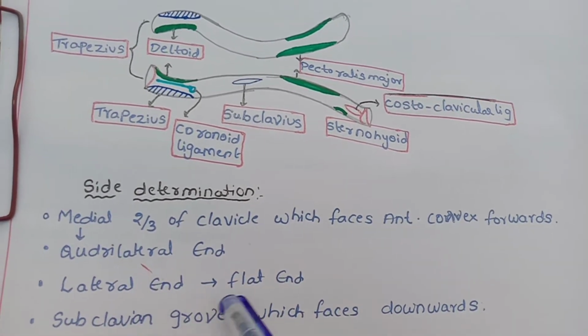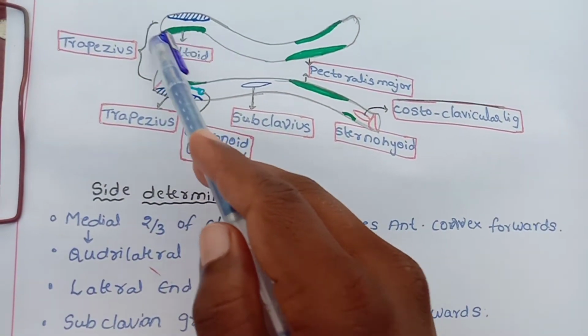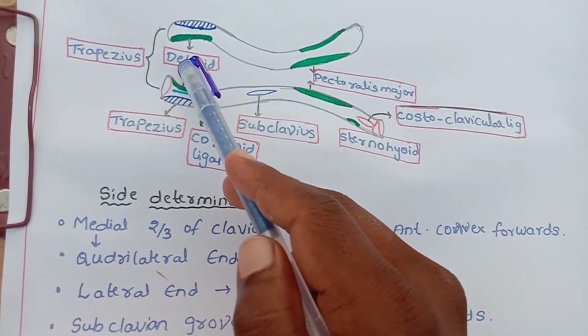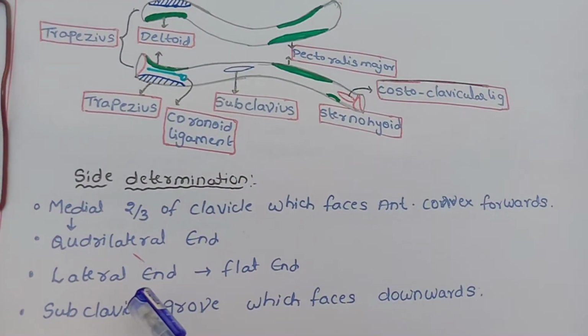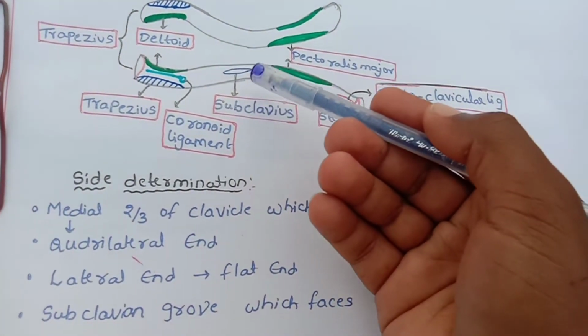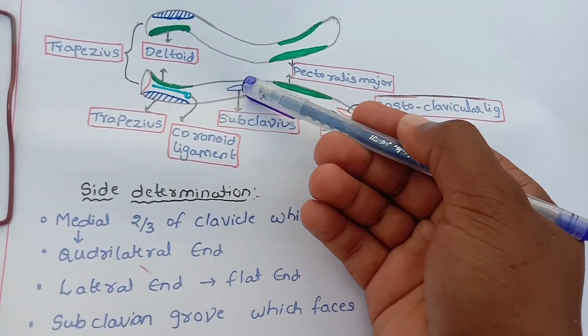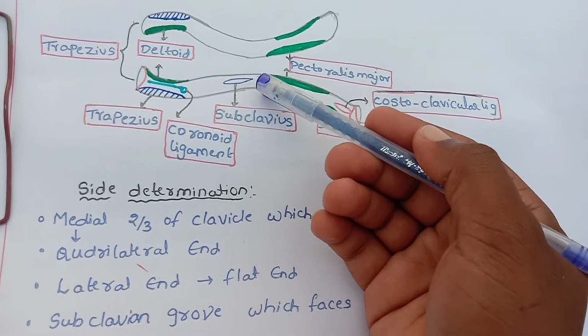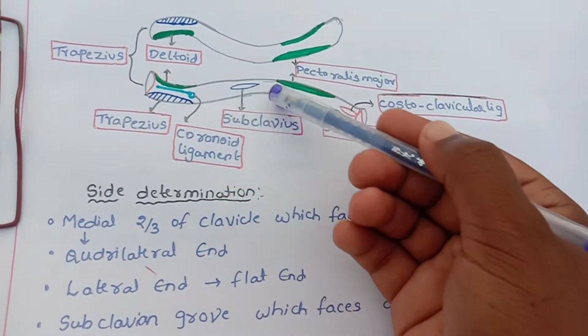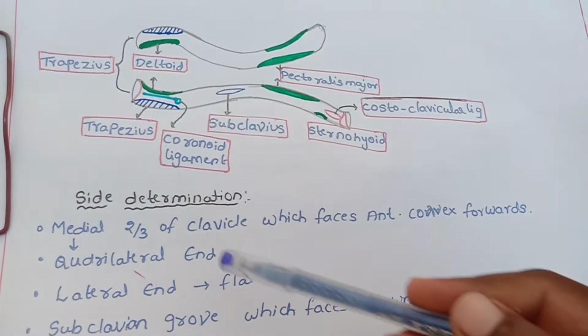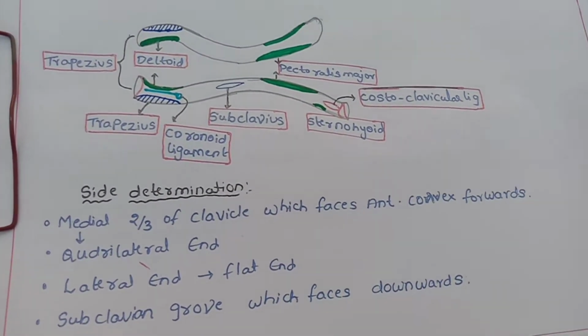The lateral end is a flat end. The subclavian groove faces downwards. So this is the side determination of the clavicle.